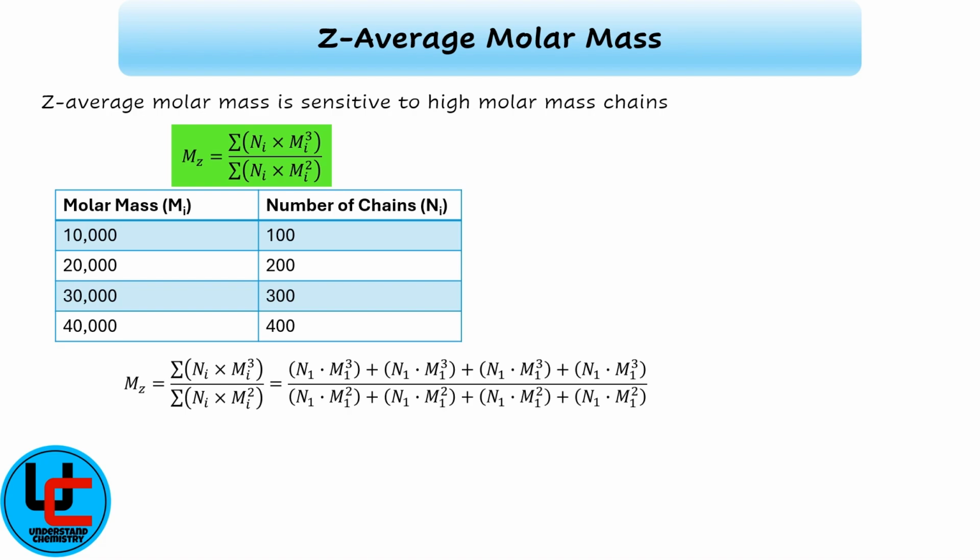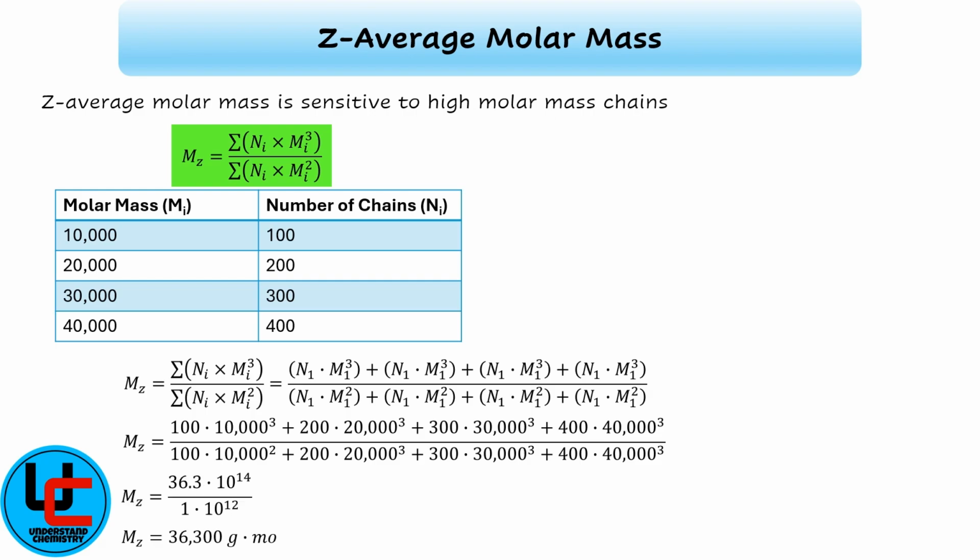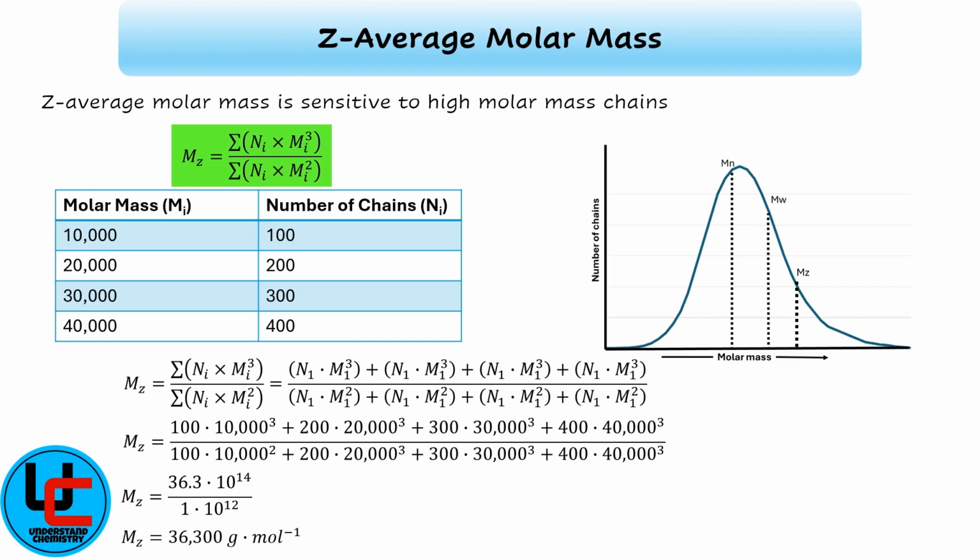By substituting these values into the formula, we calculate Mz, which in this case comes out to 36,300 grams per mole. This demonstrates how Mz gives greater weight to the higher molecular weights in the sample. Looking at the graph, we see a comparison of different average molar masses.